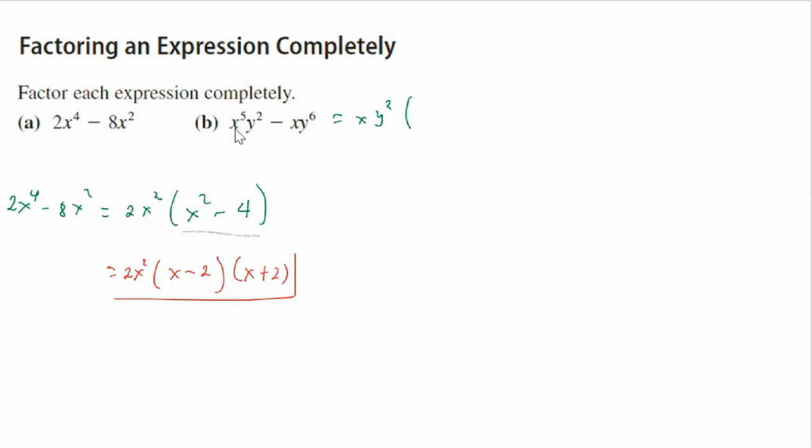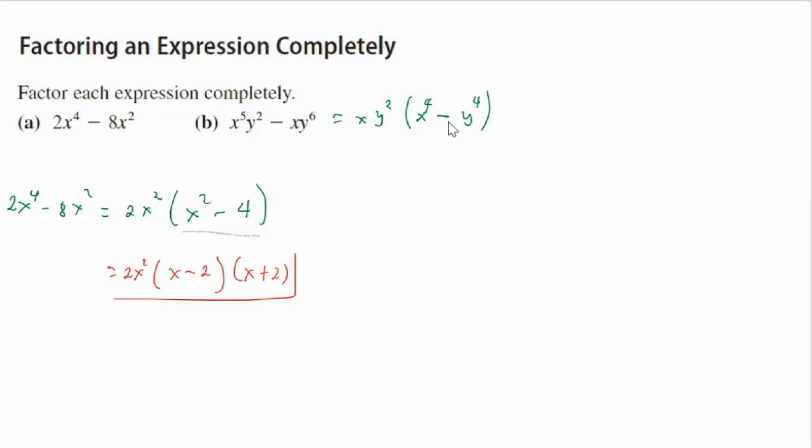So divide the first term by the common factor, x to the fifth power y squared becomes x to the fourth power, and y squared divided by y squared is just 1, so no need to write 1, minus xy to the sixth power divided by xy squared. x divided by x is 1, and y to the sixth power divided by y squared is y to the fourth power.